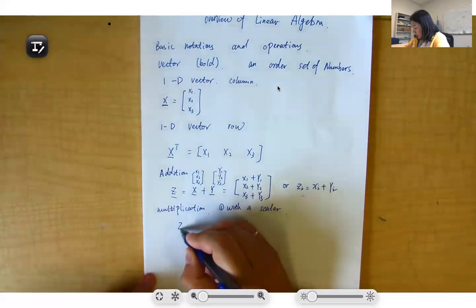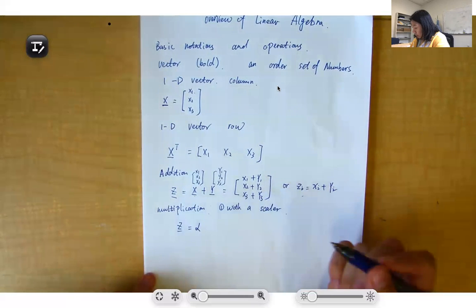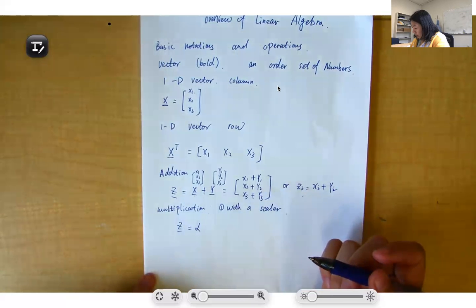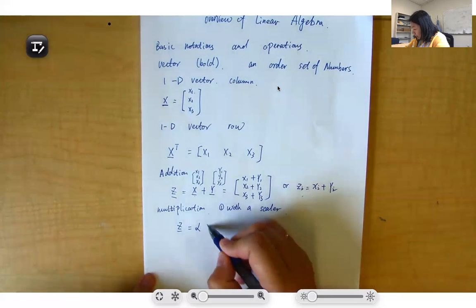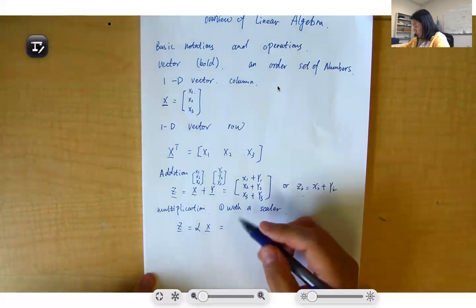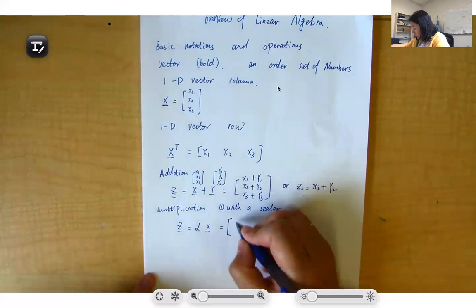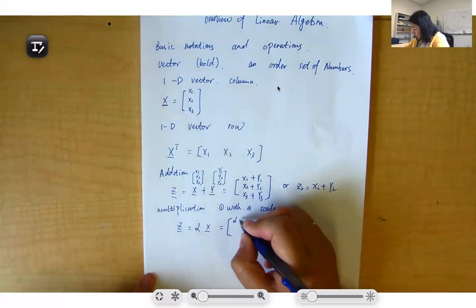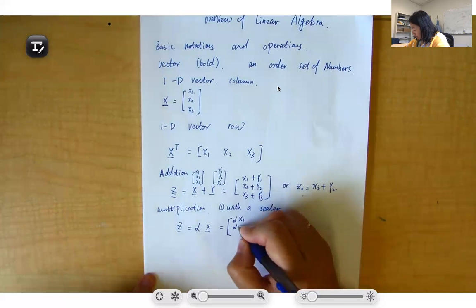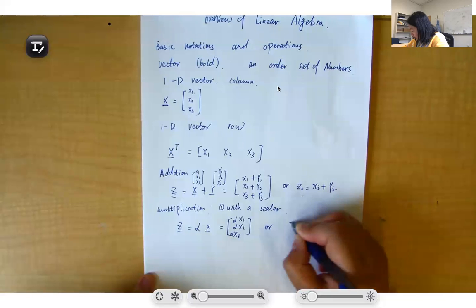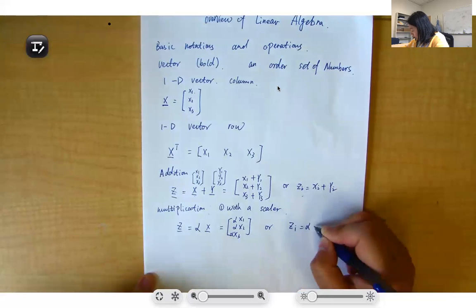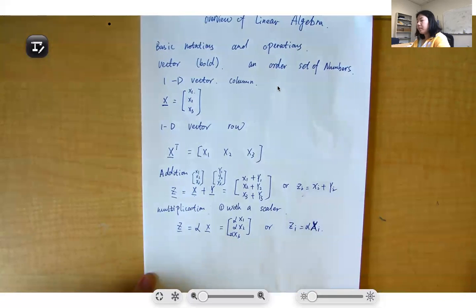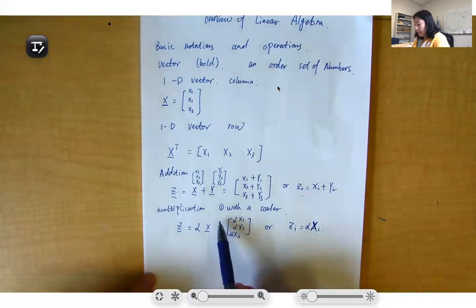So we say z equals alpha, which is the scalar, times x. Then each component of z will be alpha x1, alpha x2, alpha x3. Or you can write zi equals alpha xi. That is multiplication with a scalar.